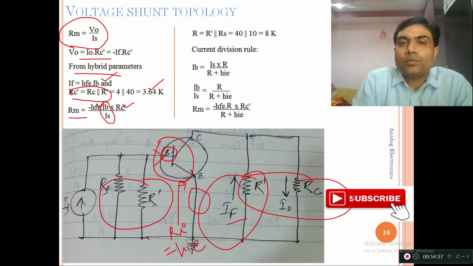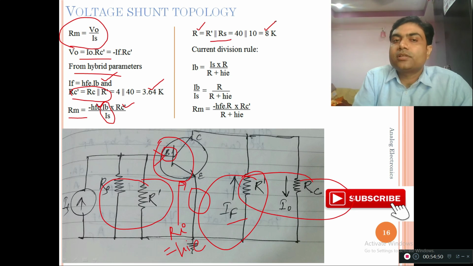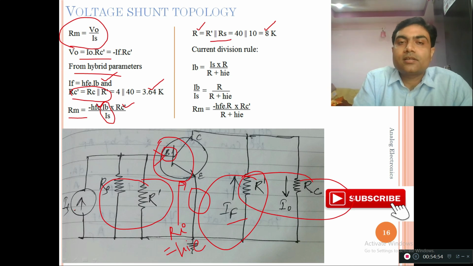And what is the opposite resistance? The opposite resistance is nothing but the combination of RS and R dash. We have determined the combination of RS and R dash in terms of the new constant R, and it comes out as an 8 kilo ohm resistance. So if I am interested in calculating IB, the source current IS is multiplied with the opposite resistance R upon the parallel combination of R and HIE, and then we can calculate the value of IB upon IS.